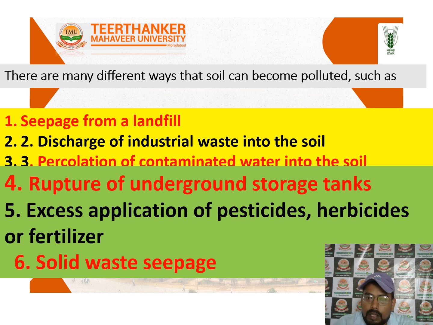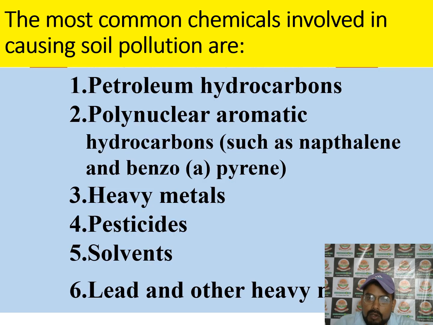Crops require some nutrients, but increasing the concentration leaves a residual effect on the soil and crop, and release into groundwater affects human health after intake. Solid waste seepage is also a source.